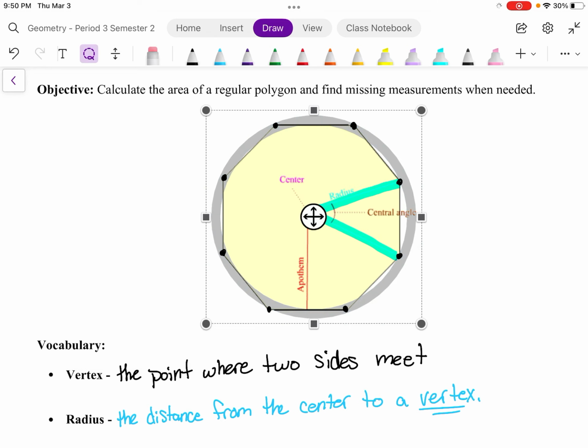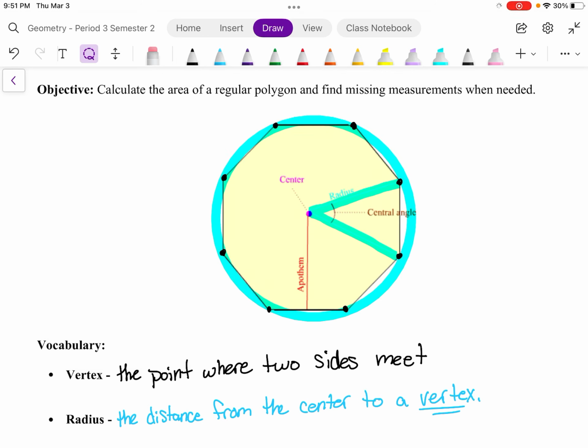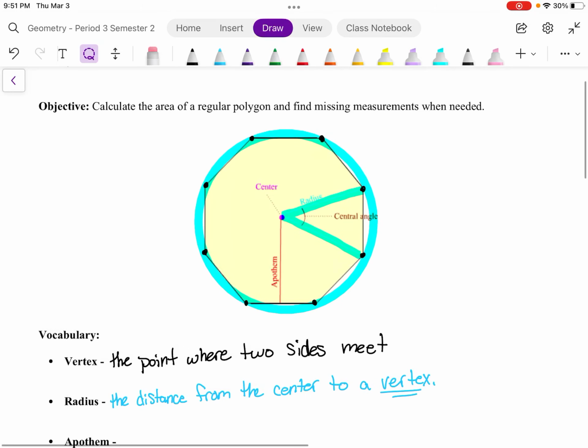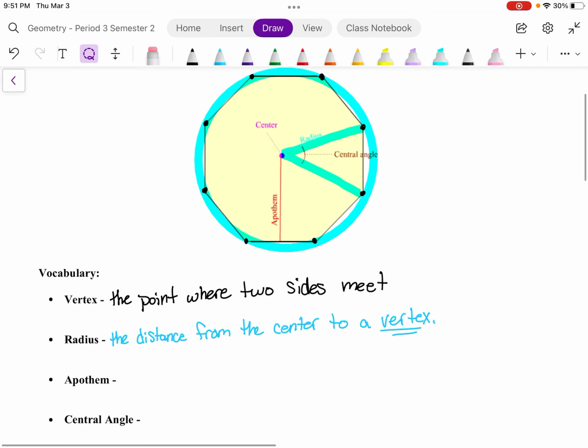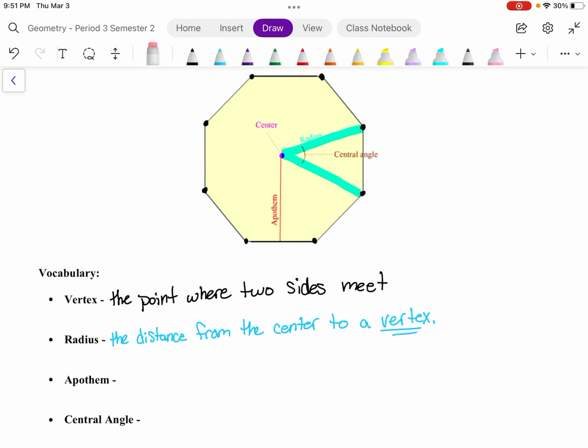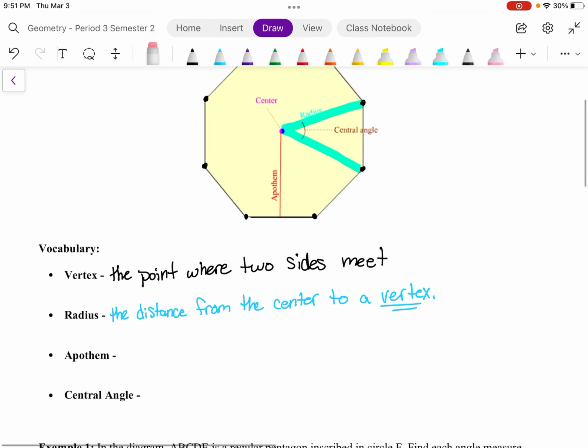Alright, so that's going to be about as close as I can get it. But you'll notice, looking at this, that all of those points, those vertices, line up on this circle that's highlighted. And so that's why we can call that a radius, just like we would from the center to the outside of a circle.